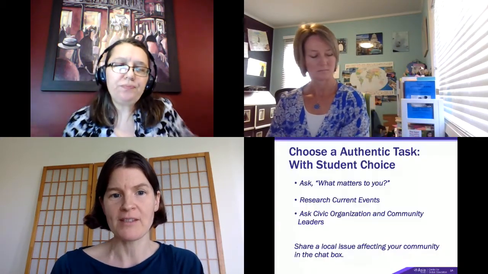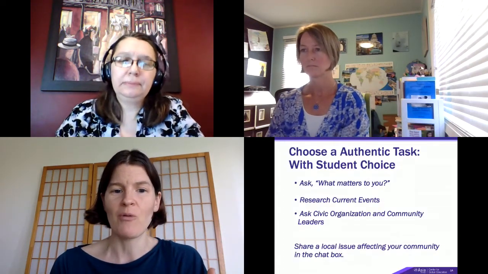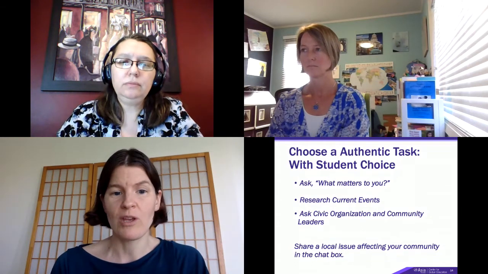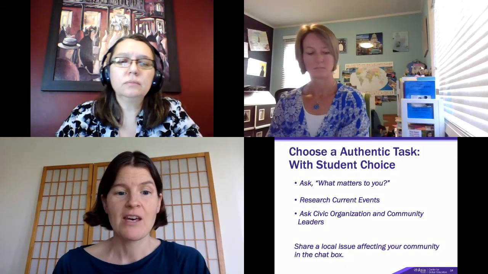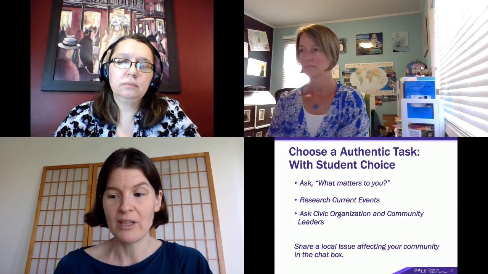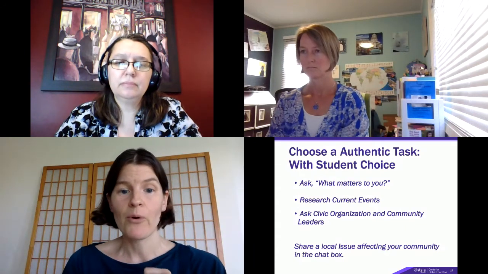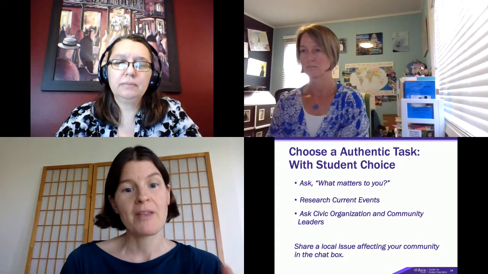So thinking back to that student choice piece when you're getting started in building a project, how can you bring in that global piece? We actually say to start with a local issue, and have students think about what matters to them or what issues are happening in current events, or have them go out and ask different civic organizations or community leaders, whether it's somebody at the Kiwanis Club, or the Lions Club, the Workforce Development Board, the local hospital, or maybe the mayor's office.